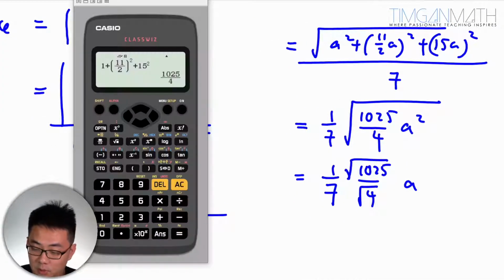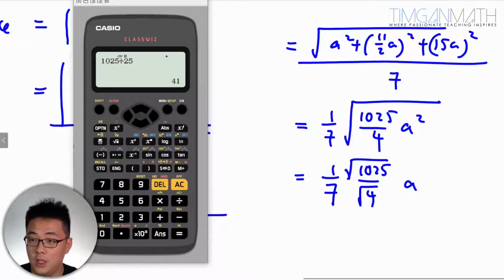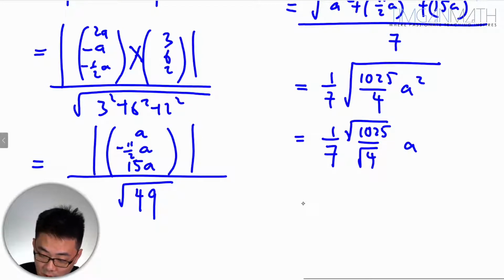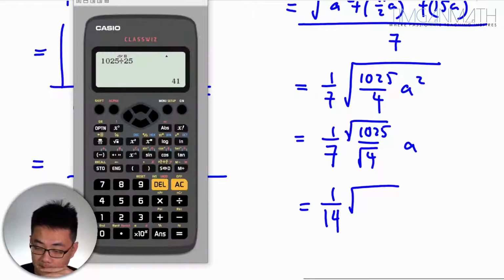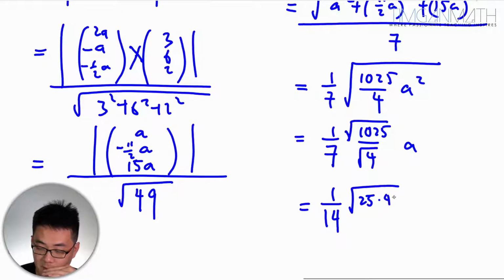So that'll be good, 1025. We can try and see whether it could divide. Oh, there you go, it can divide by 25, which is a perfect square. That will be 41. 7 times 2 is 14. So perfect square 25 and 41, a.